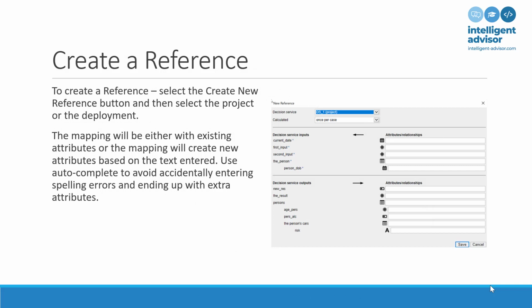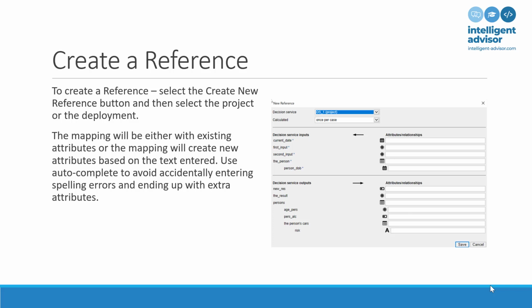So in this screenshot, you can see that I have selected a decision service. After the name, you see the word project in brackets to tell me that this is the development thread of my decision service. I ask when this decision service reference should be used, once per case.